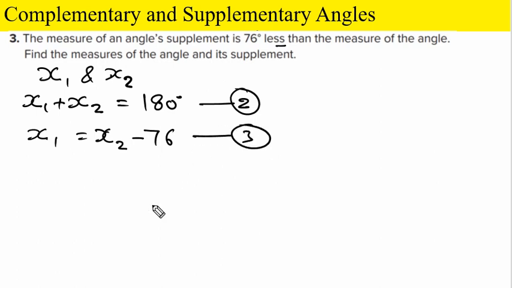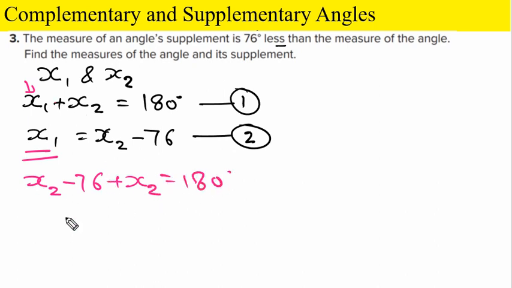So this is equation 2, I had not taken equation 1 anywhere, so 1 and 2. Alright, now after that it's very simple. Again what we will do, we will substitute angle 1 here. So x1 is x2 minus 76, so x2 minus 76 plus x2 equals 180, 2x2 equals 180, that 76 will go to the other side, plus 76.